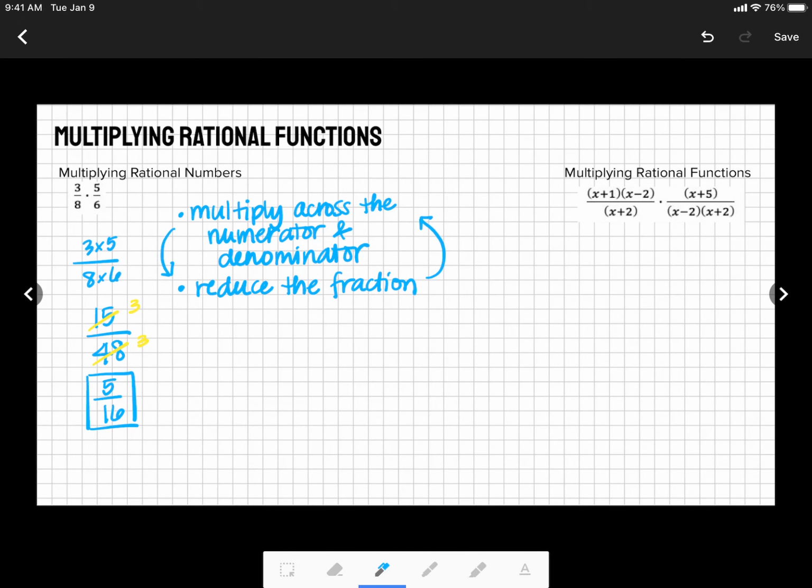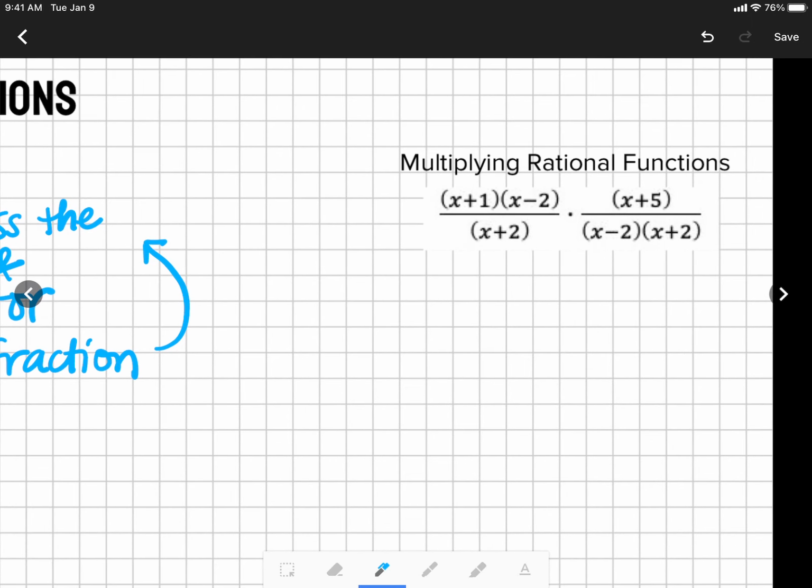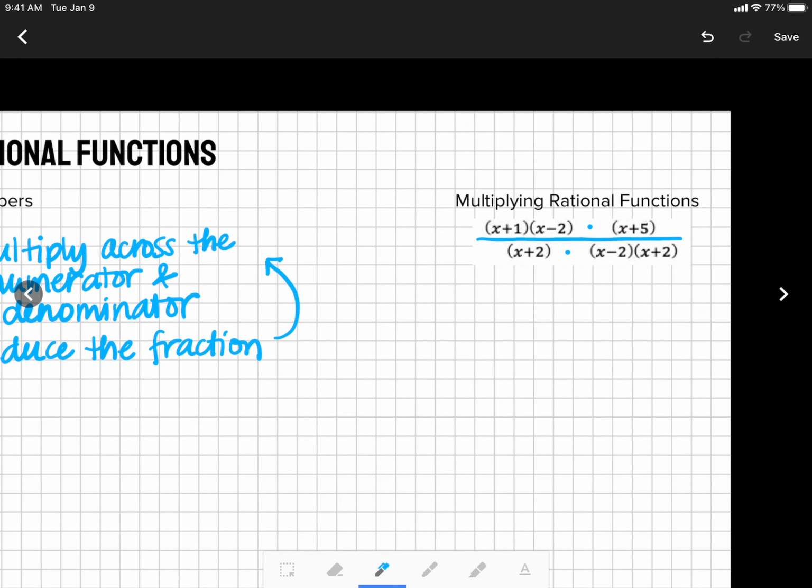So here I see this rational function, and remember, I'm going to multiply straight across. So I can think of this as one large fraction, because I am just multiplying straight across. So let's start by reducing the fraction. Do we see any common factors, meaning factors that are exactly the same in the numerator and denominator?